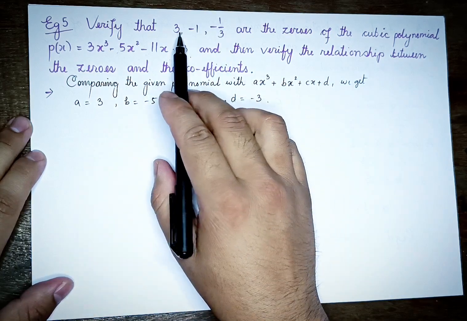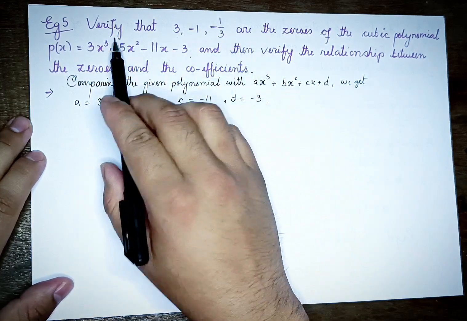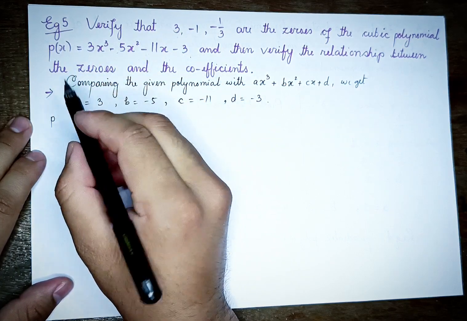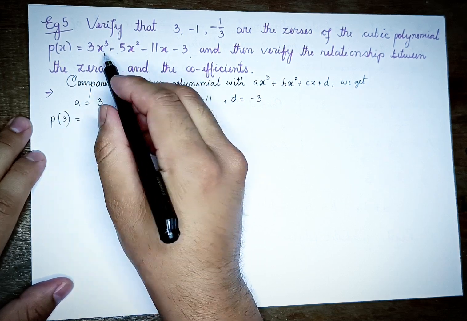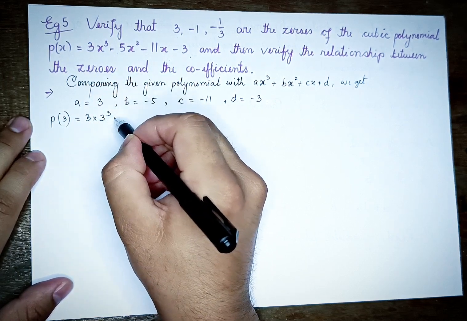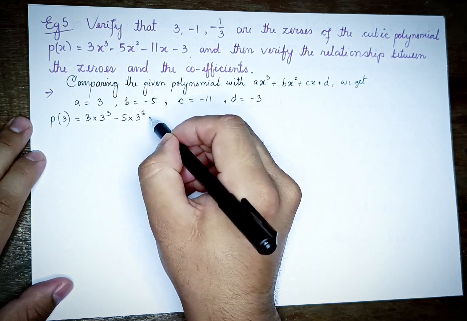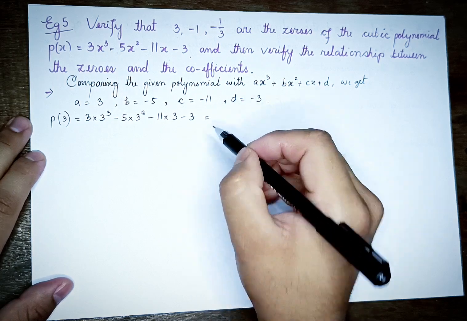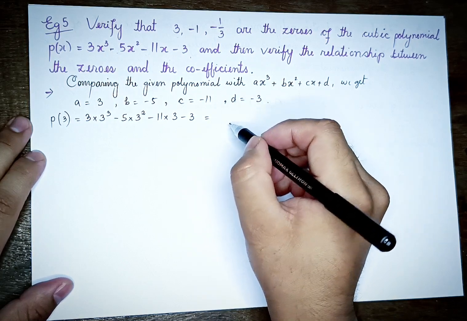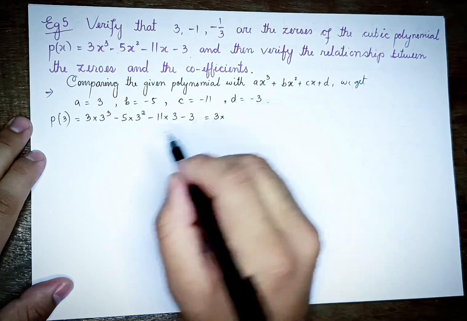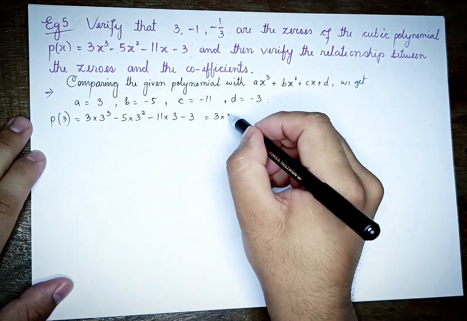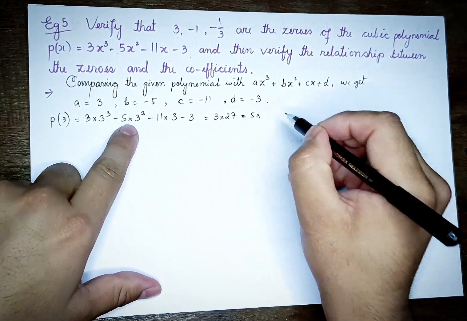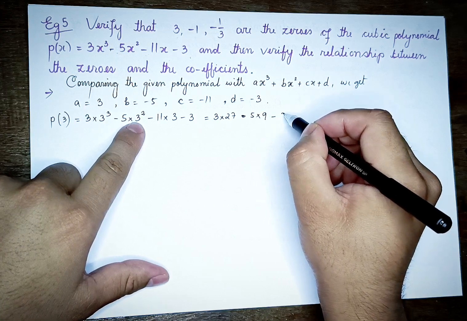Okay, let's verify 3, minus 1, and minus 1 by 3 as the zeros of this cubic polynomial. Here, put x equal to 3: 3 into 3 cubed minus 5 into 3 squared minus 11 into 3 minus 3. 3 cubed gives 27, 3 squared gives 9, and 11 into 3 gives 33.